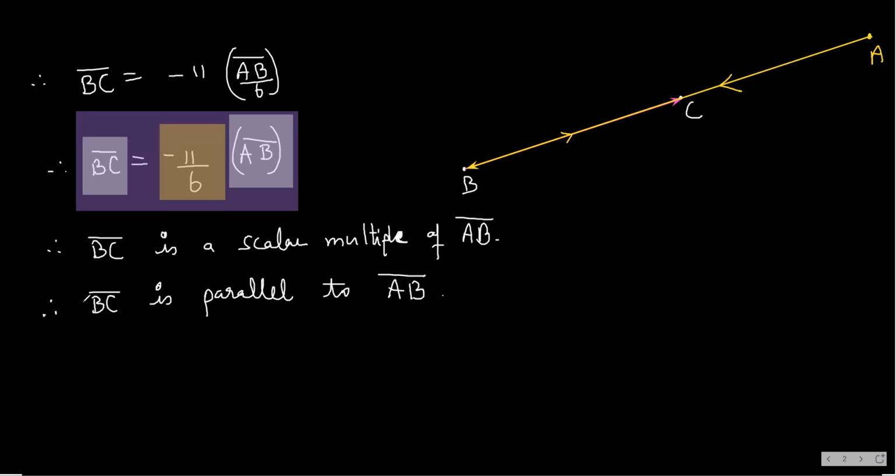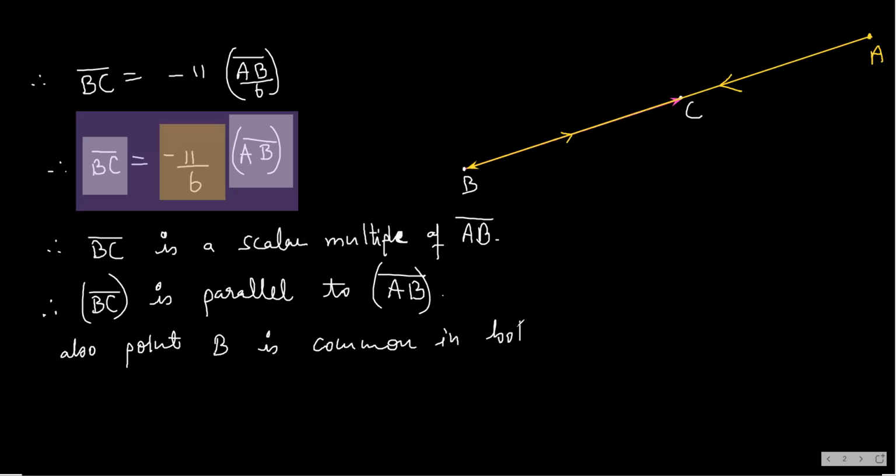After having written BC bar is parallel to AB bar, I will write also point B is common. See, BC bar, you have B, AB bar, you have B. So what you will write? You will write also point B is common in both vectors.